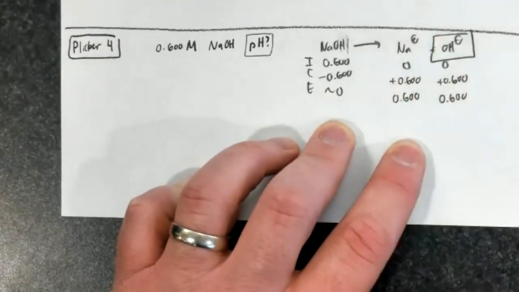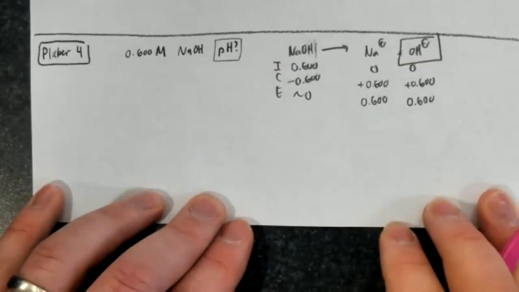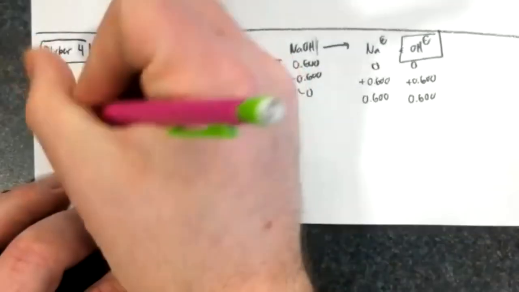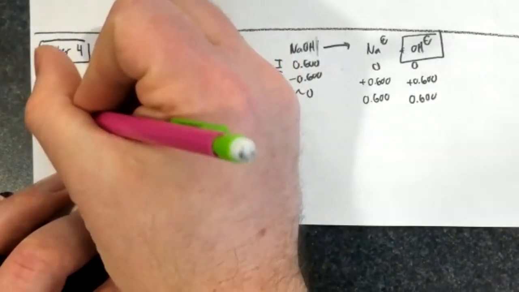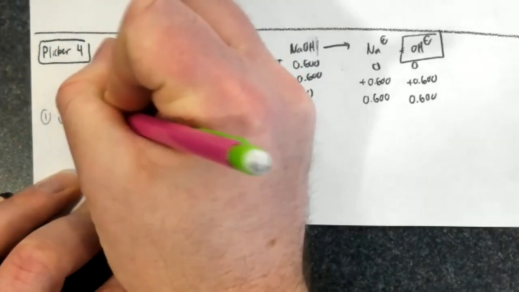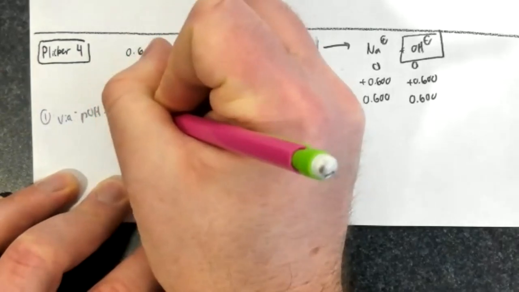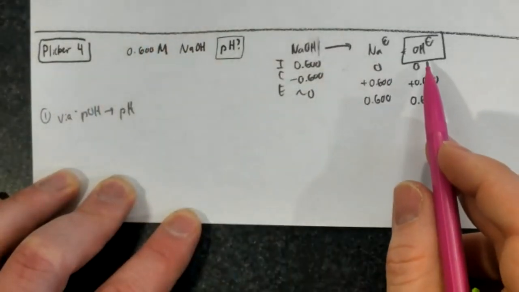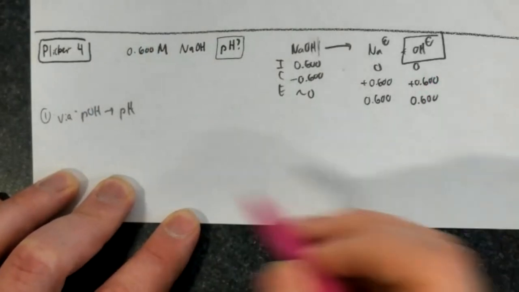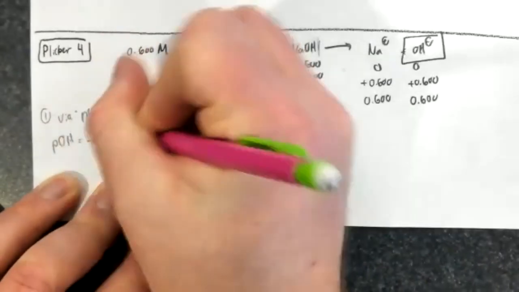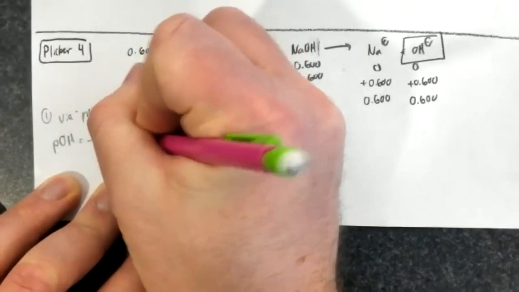And we're utilizing this hydroxide concentration ultimately to measure our pH. I said there are two different ways we could solve this problem. The first way, I can use the pOH and convert that into pH. I have my hydroxide concentration here, and pOH is the negative log of my hydroxide concentration.